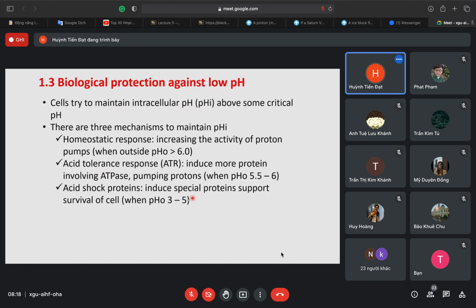Those are the three mechanisms, and it depends on the outside pH.